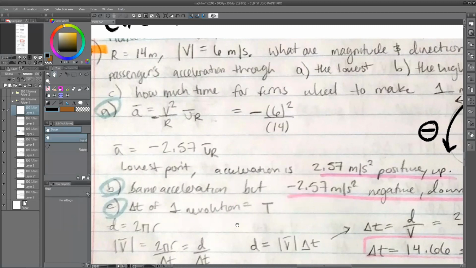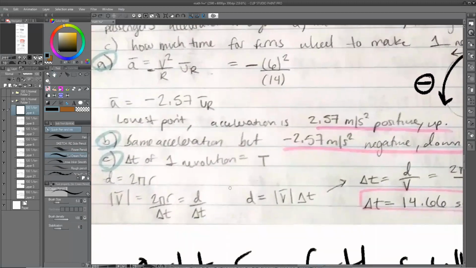And then it's asking to find the time it takes to do a full revolution. So the other equation that we use is this equation here, which is the magnitude of the velocity in circular motion is equal to 2 pi r over delta t. And 2 pi r is the same thing as d. It's also the same thing as delta x.